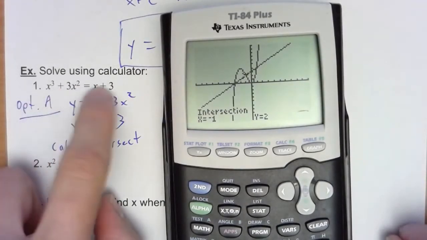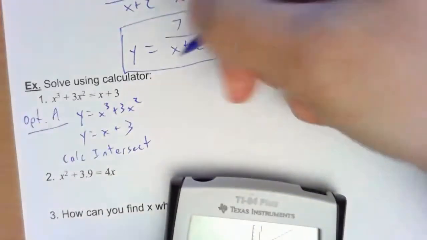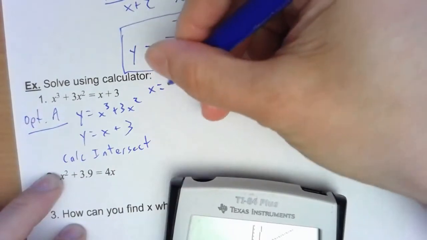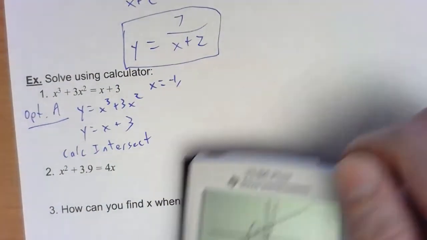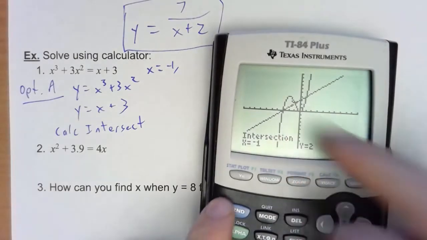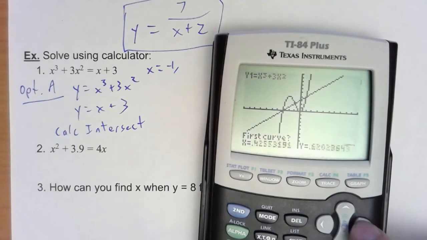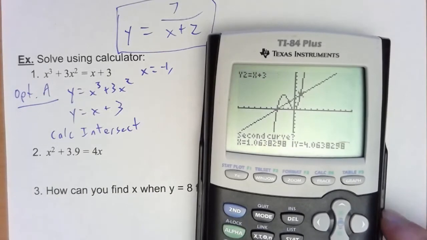Notice on this one, the original problem only had x's, so we would only need the x for our answer. So we can just say x equals -1. We don't need to worry about the y. And then when we want to find other intersections, let's go back to calc intersect. You just need to move the cursor closer to one of the other answers. Use the left or right arrows, move the cursor around, and then hit enter.